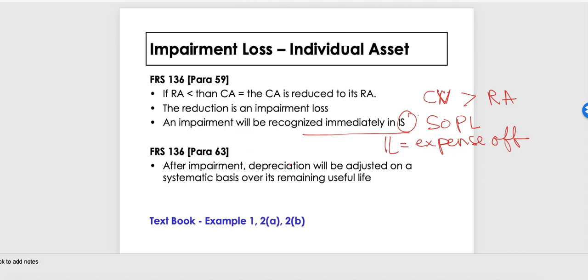After impairment, the depreciation will be adjusted on a systematic basis over its remaining useful life. It means that when you calculate depreciation, the carrying value now will be cost less accumulated depreciation and less the accumulated impairment loss.